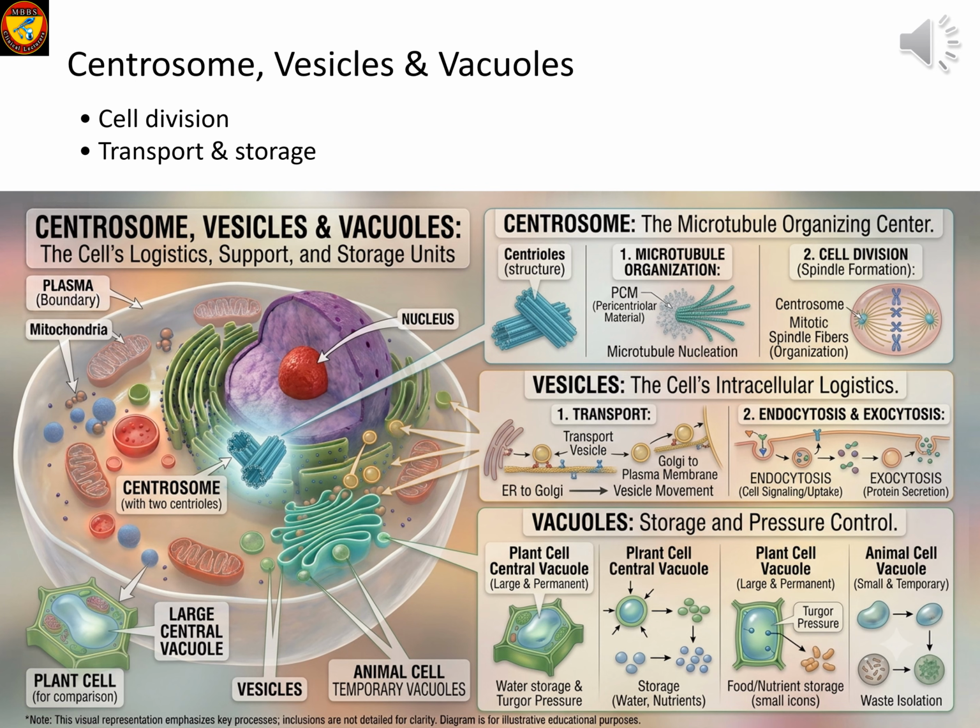Functions: transport proteins, transport lipids, cell signaling, exocytosis, endocytosis. Vacuoles, storage organelles, store water, food, waste materials. Plant cells possess a large central vacuole, while animal cells contain small temporary vacuoles.